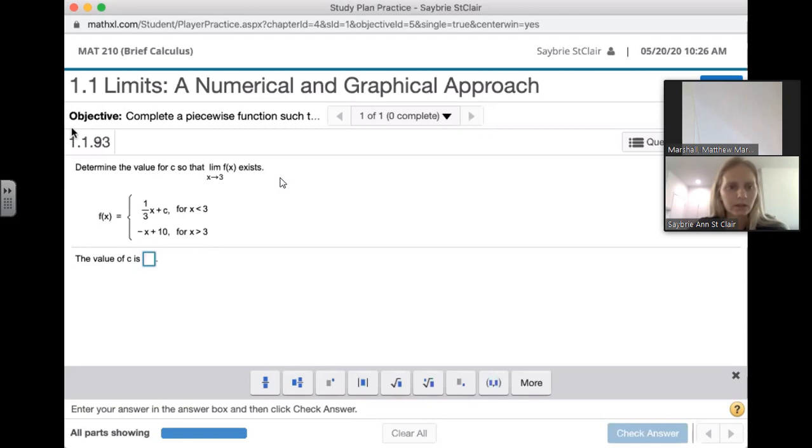I can, yes. So you got 1/3 x plus c, negative x plus 10, x less than 3. Another one is x more than 3. Alright, so I'm going to use Desmos to graph those two.